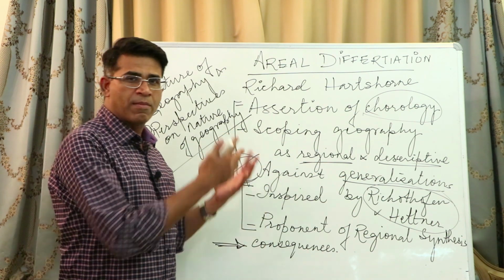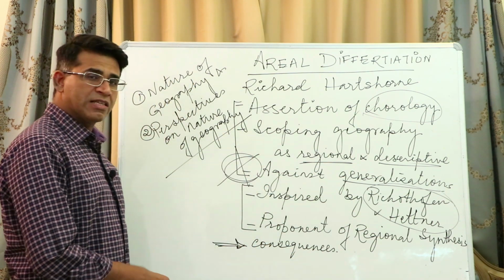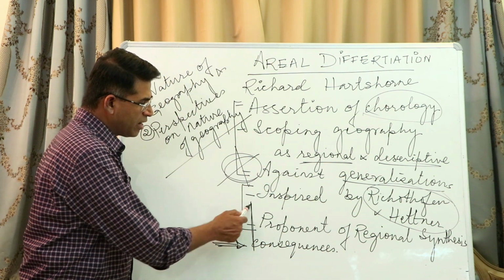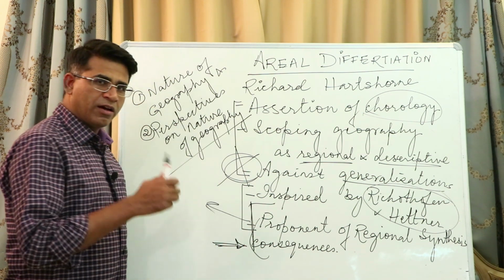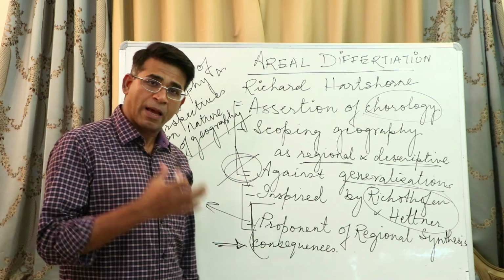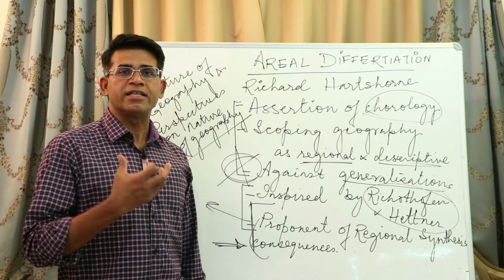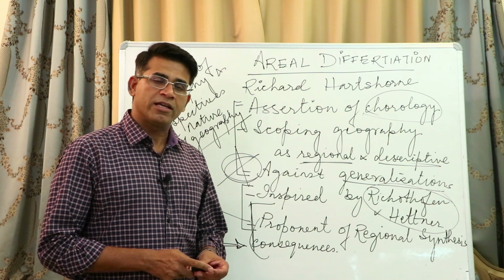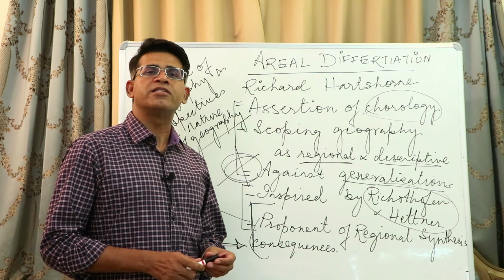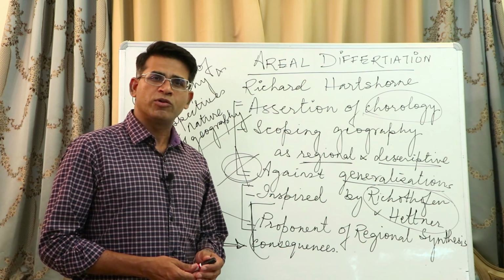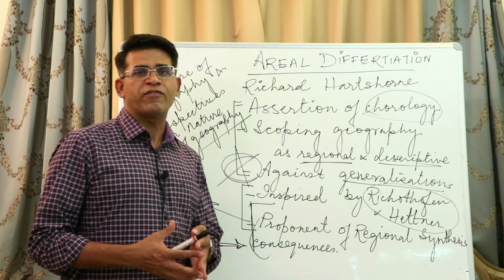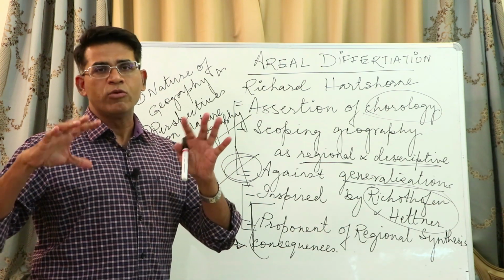I'm trying to sum up the concepts for you, and a very important concept is that areal differentiation is a very important basis of establishing what we call regional synthesis. There is this whole allegation against regional geographers that the regional approach, as an idiographic approach, breaks up the unity of the earth.